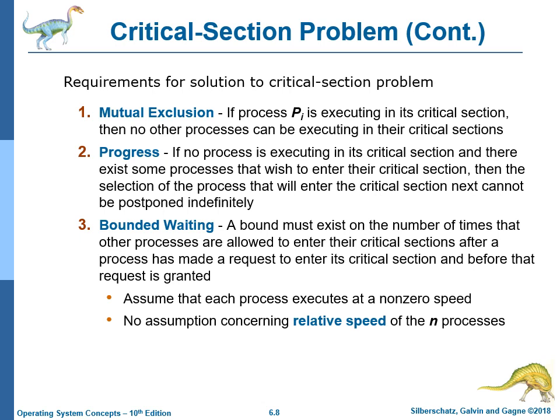So the bound tu macam limit lah. Kita akan limit berapa banyak number of times the other processes can be allowed to enter the critical section after a process has made its request, dan before the process can be granted dia punya request.